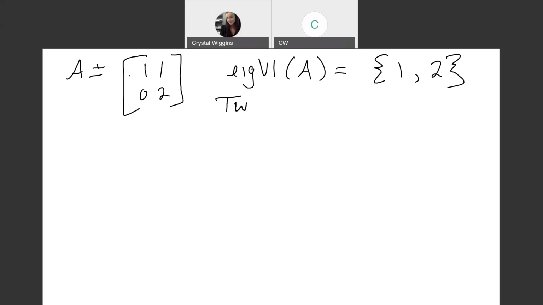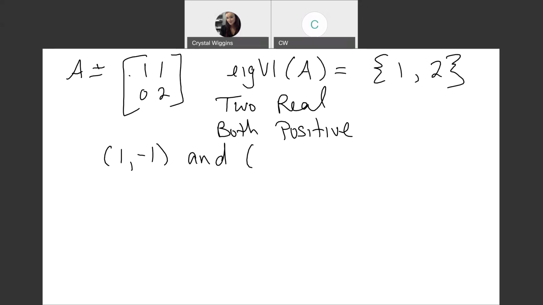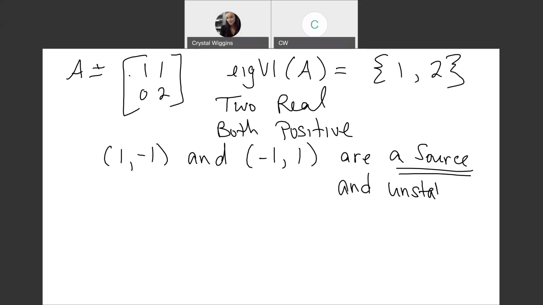So we see that there are two real eigenvalues, and they're both positive. And so that means that the fixed points (1, -1) and (-1, 1) are a source and unstable, which you can go back to 5.2's PowerPoint for all of the references on those conclusions.